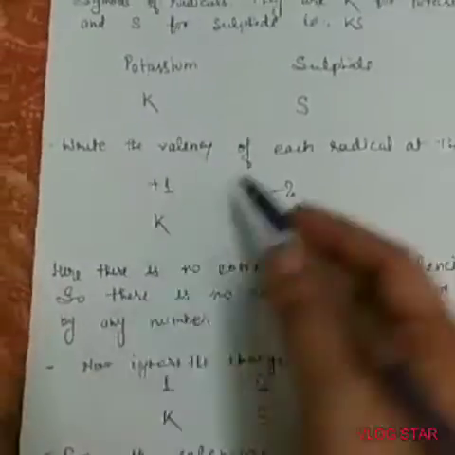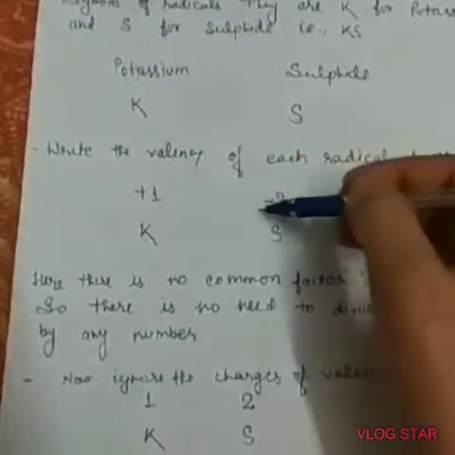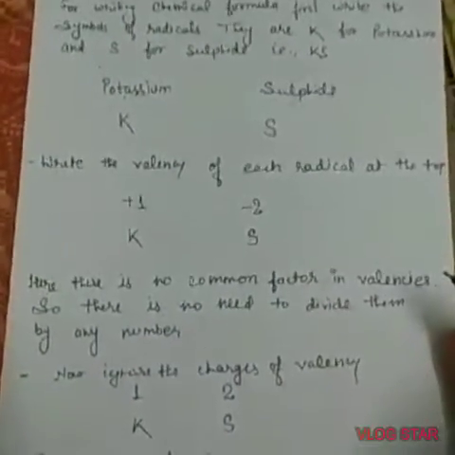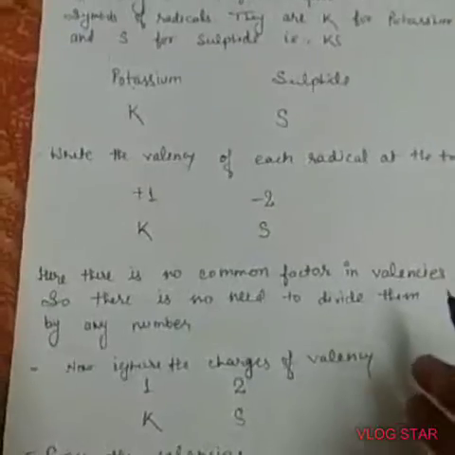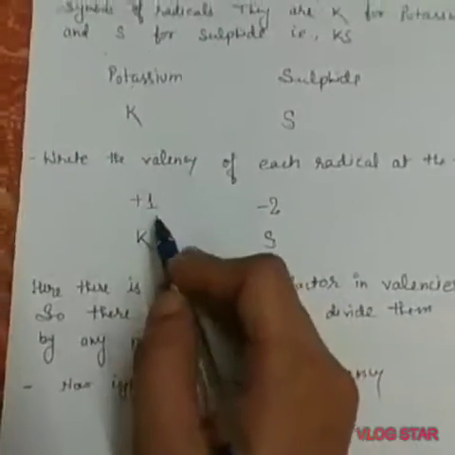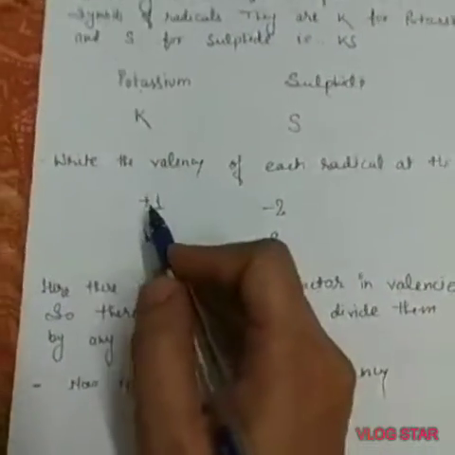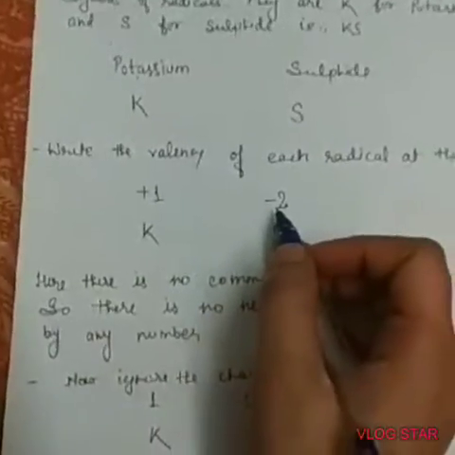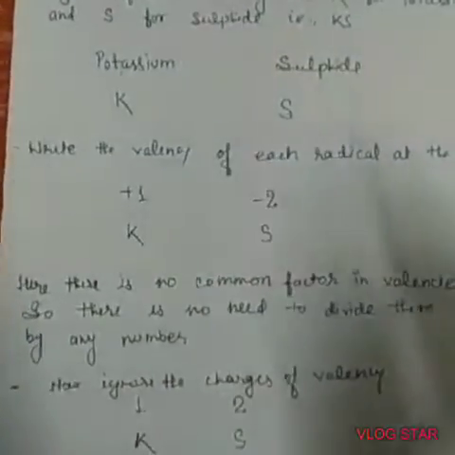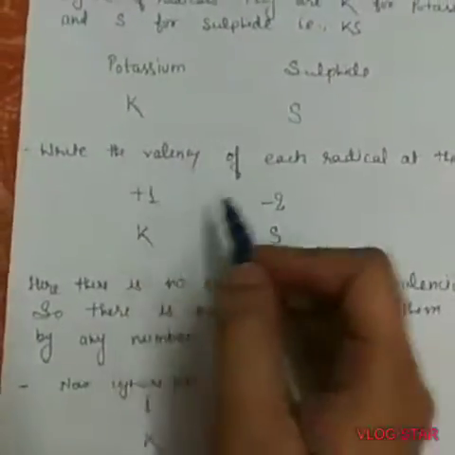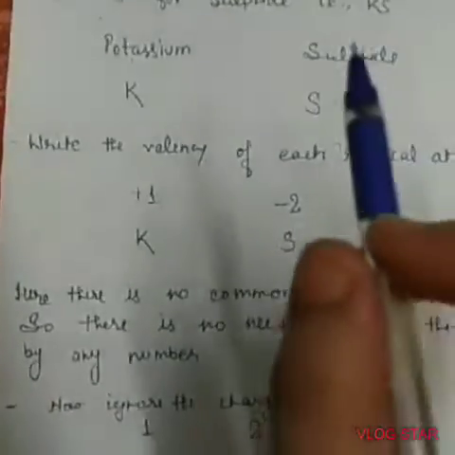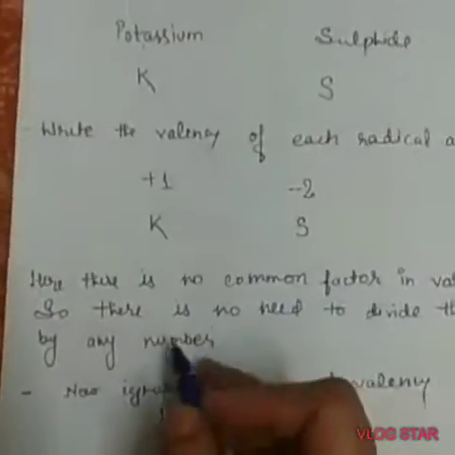Now here there is no common factor in the valencies, so there is no need to divide them by any number. If they have a common factor, like +2 and -2, we have to divide them by that number. Here there is none.